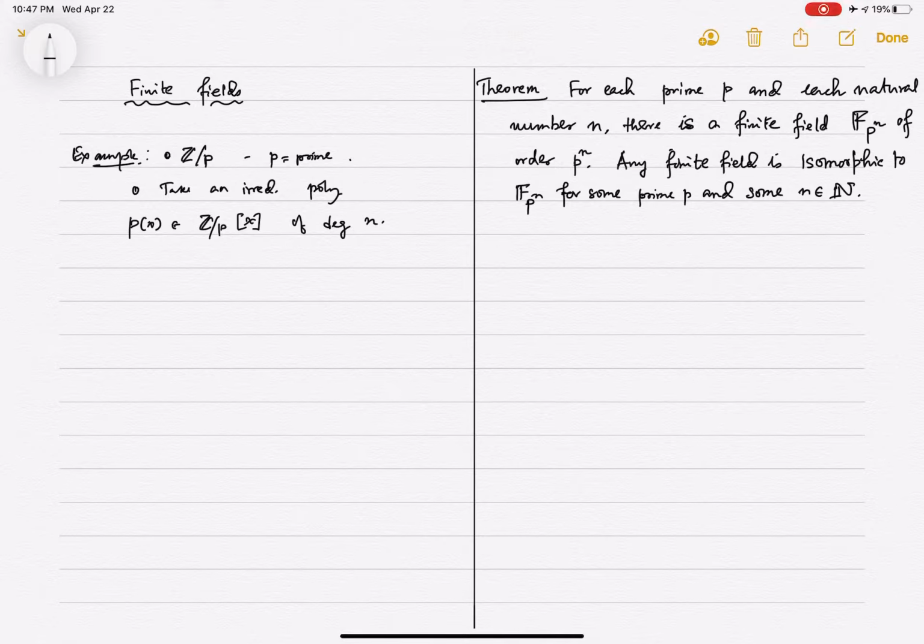By the way, these are called F_p when we are talking about them as fields. So take a polynomial in F_p[x], so coefficients in F_p of degree n.